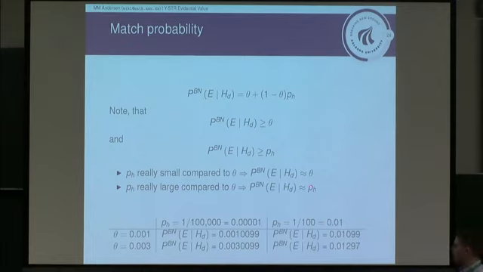So it's sort of a max between these two, or a linear combination of these two. Here we just illustrated it in the table. The first column is if you have a rare haplotype, and the second is if you have a common haplotype. You see for the first column that the match probability is almost just the theta value, and if you have a common one, the match probability is the haplotype frequency.